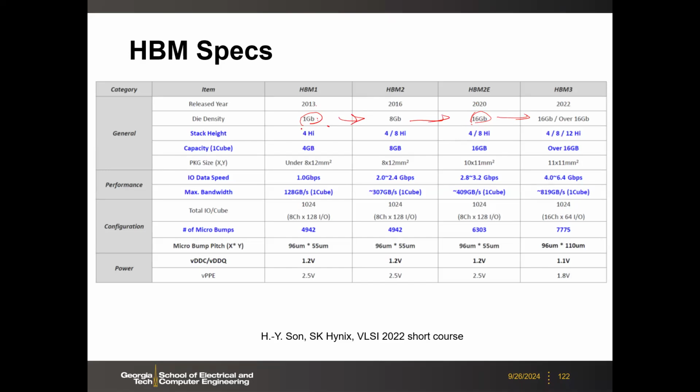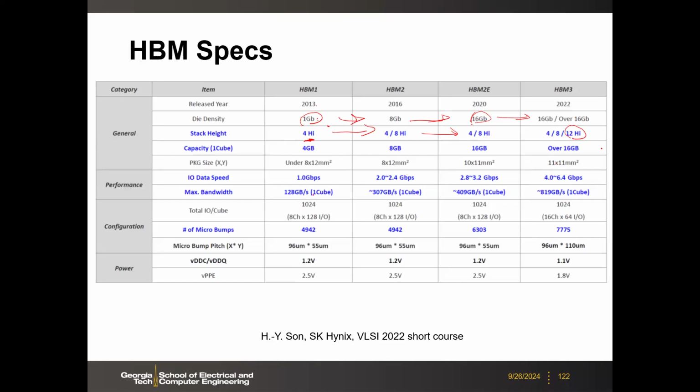And then the other way is for the 3D system, you're going to get more and more layers. So they have this "high", which means number of layers. 4 high means you have 4 layers of those 2D DRAM dies stacked. So then in HBM3, the latest is 12 layers stacked. Okay, 12 layers of the 2D DRAM stacked in that HBM.